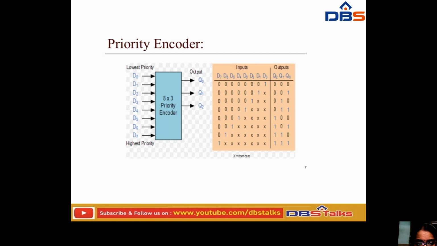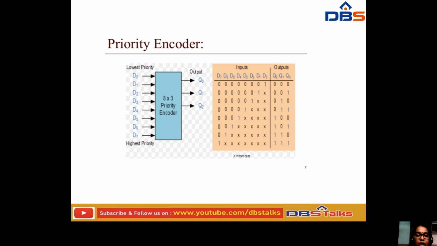So this is the block diagram of the priority encoder, and this is the truth table for that. These are the inputs from lowest to highest priority: D0, D1, D2, D3, D4, D5, D6, D7. This is the 8x3 priority encoder.